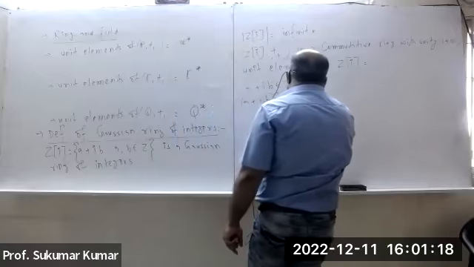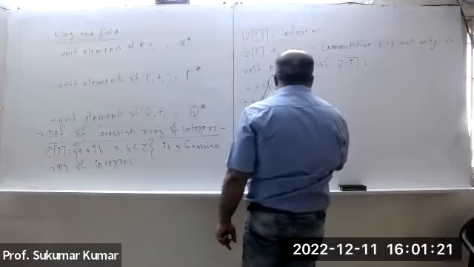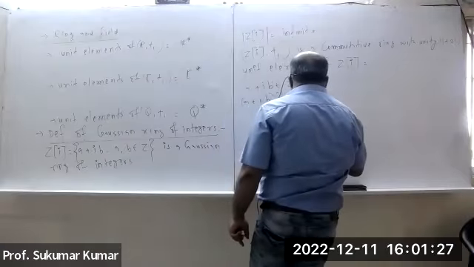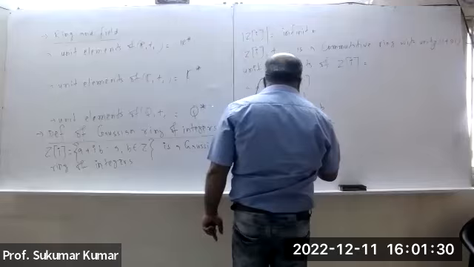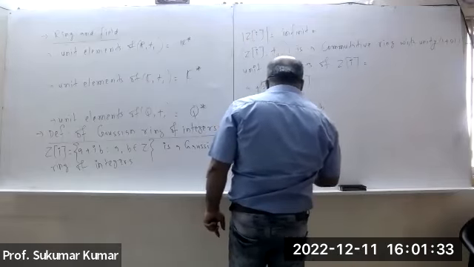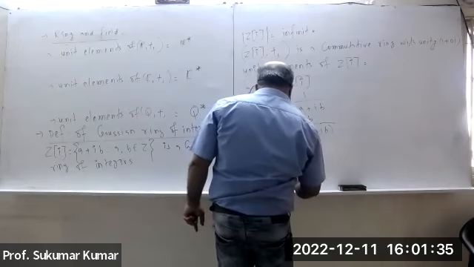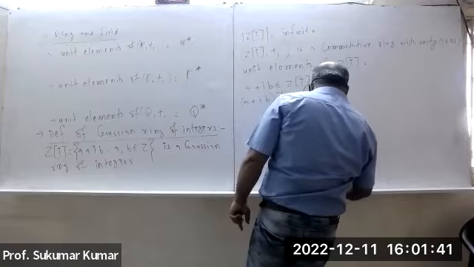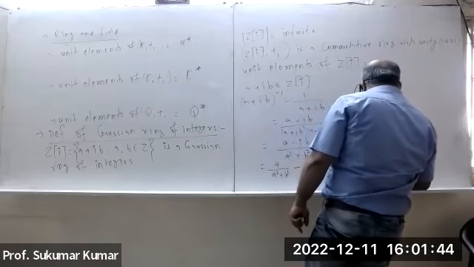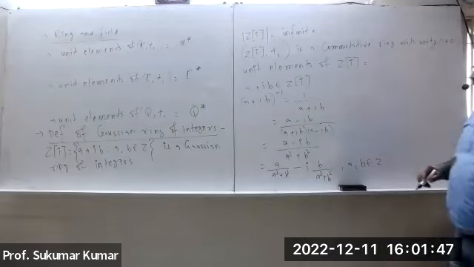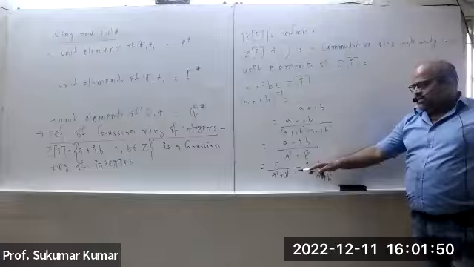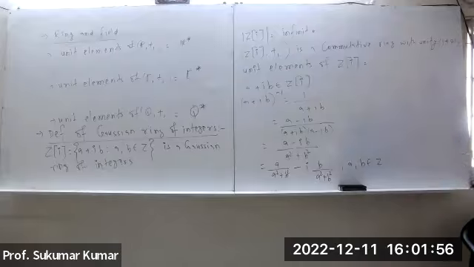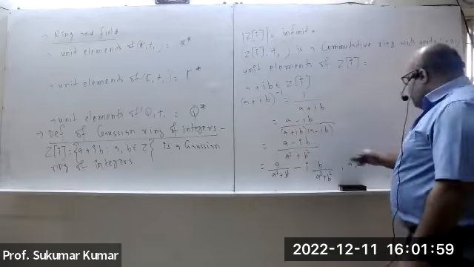So the multiplicative inverse of A plus IB is equal to A by A square plus B square minus I into B by A square plus B square. But here you have to choose A and B from integers, and this must belong to Z box I.